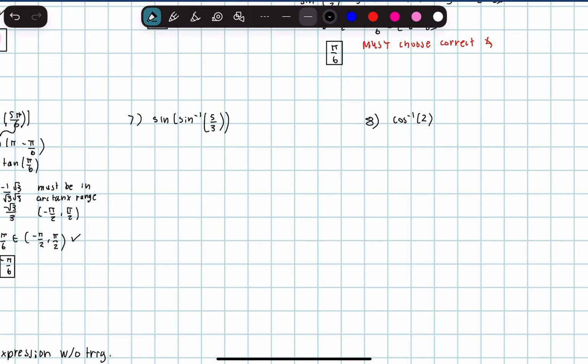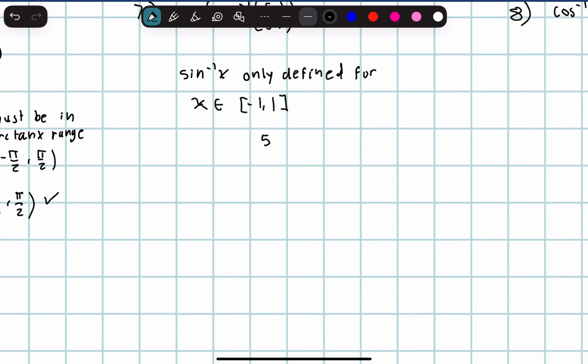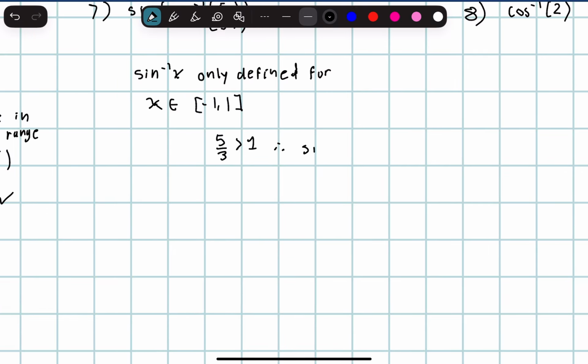So, let's say that we know that sine inverse is only defined for x in negative 1 to 1, and we know that 5 over 3 is going to be greater than 1. Therefore, we know that sine inverse of 5 over 3 isn't going to be real.